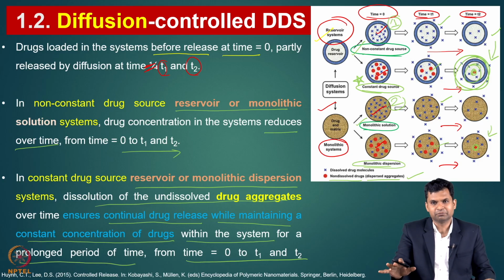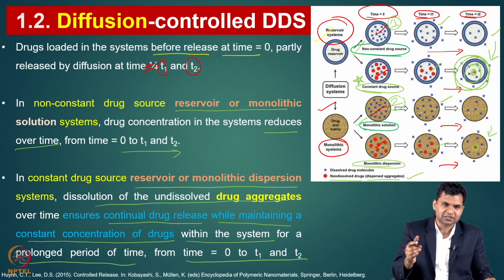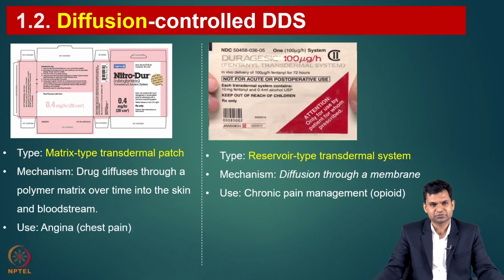These polymers are water insoluble and inert in nature, which helps in the diffusion of the drug release. With this mechanism we can design various types of diffusion controlled drug delivery systems, and these are the 2 marketed products which follow diffusion controlled drug delivery systems.